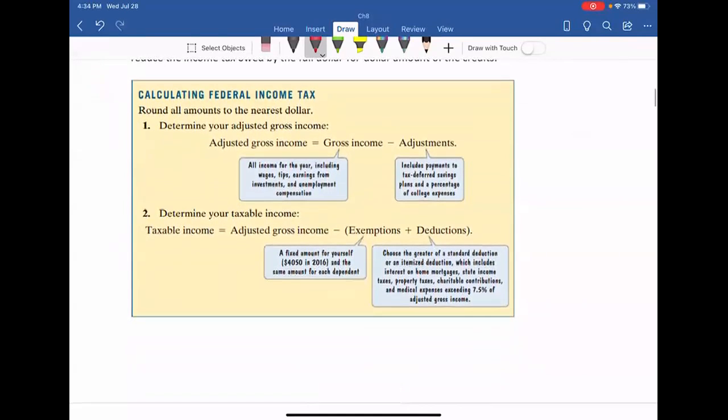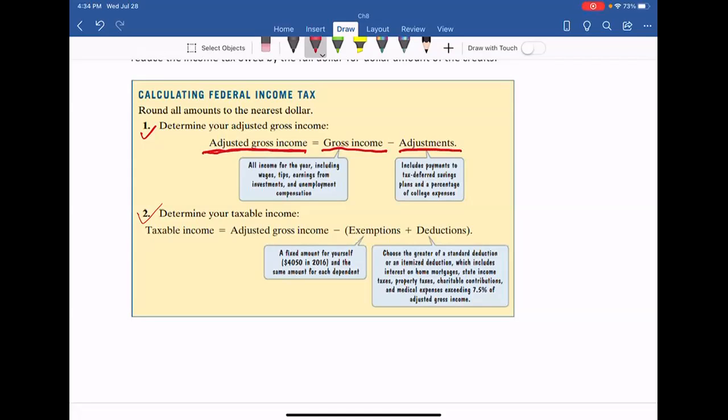The first two steps we already learned. That's find adjusted gross income. Use the formula AGI equals gross income, subtract adjustments. Gross income includes your wages, tips, earnings from investment and employment compensation.